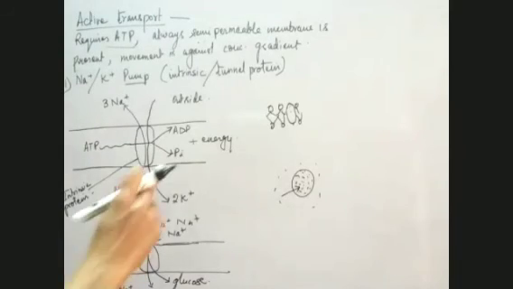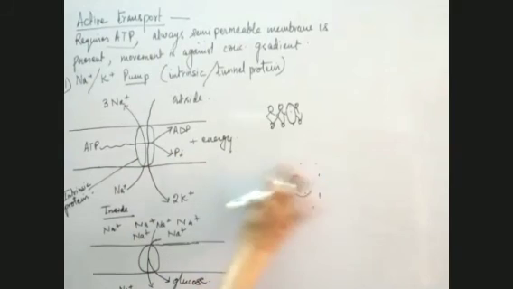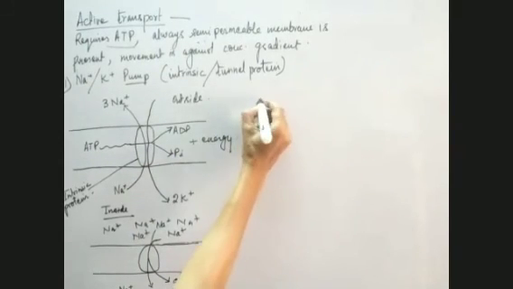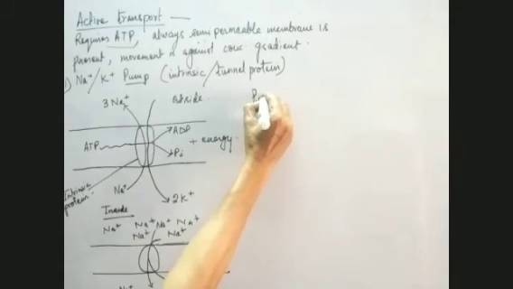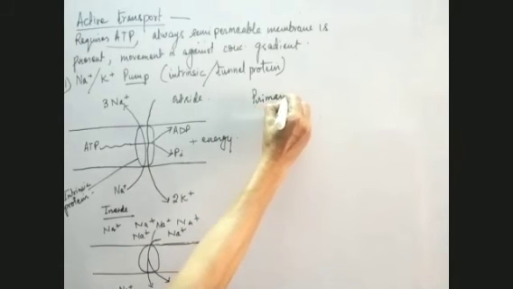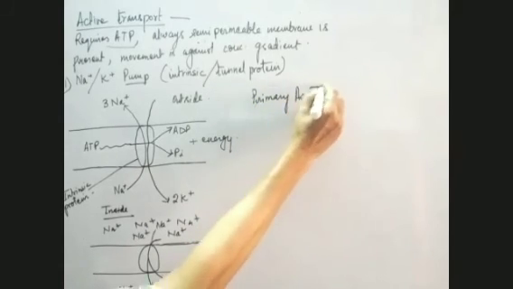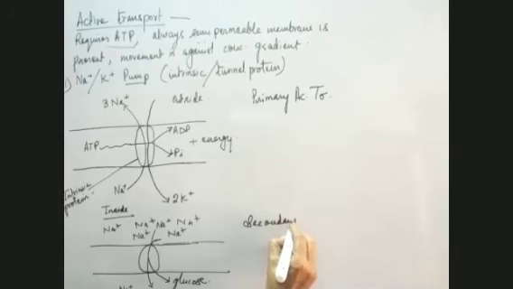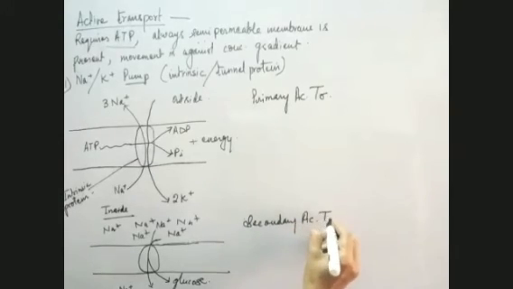We call this primary active transport, and this secondary active transport. One is known as primary active transport, another is known as secondary active transport.